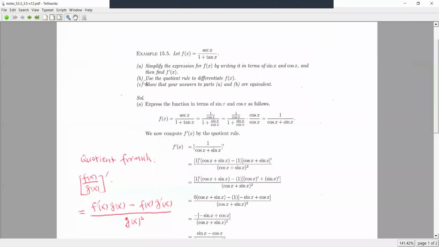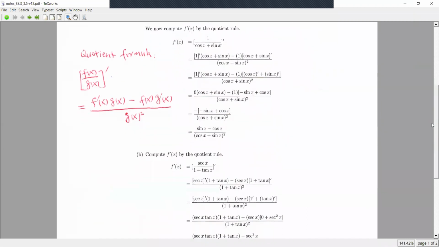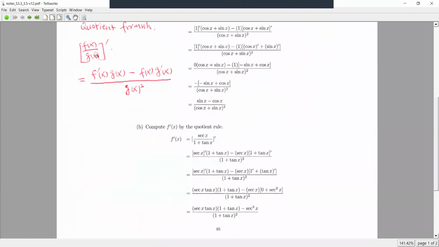Solution to part B. Use the quotient rule to differentiate the function f. By the quotient rule, the derivative of function f is the derivative of the numerator secant times the denominator 1 plus tangent, minus the numerator times the derivative of the denominator, then all divided by the square of the denominator.